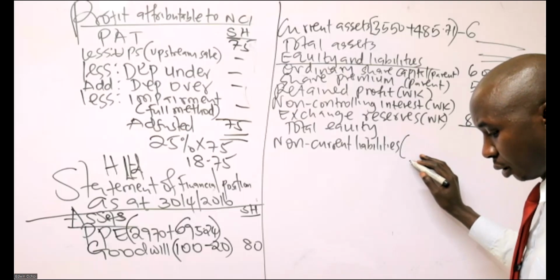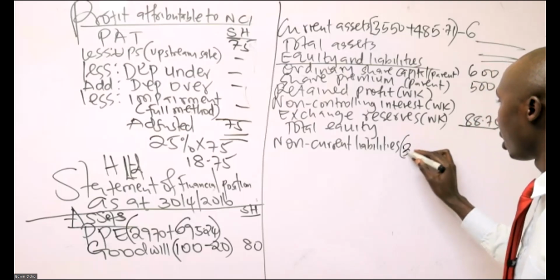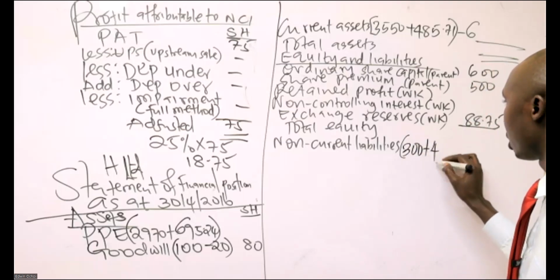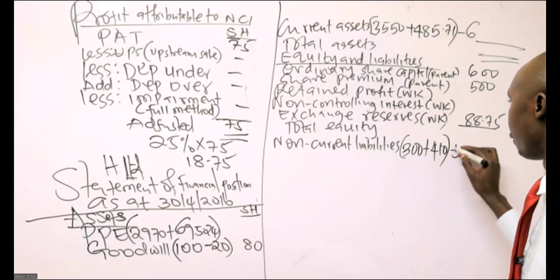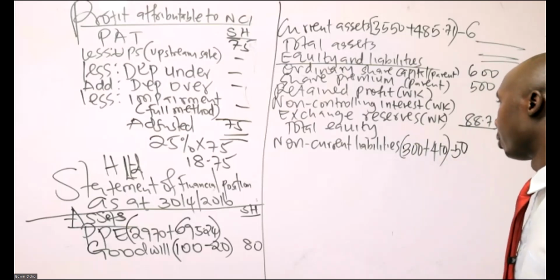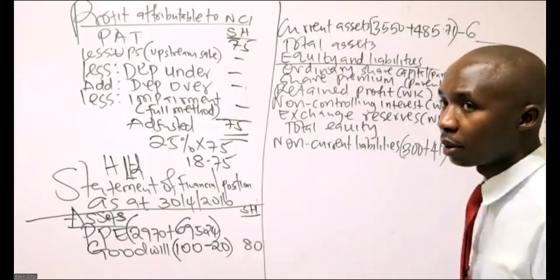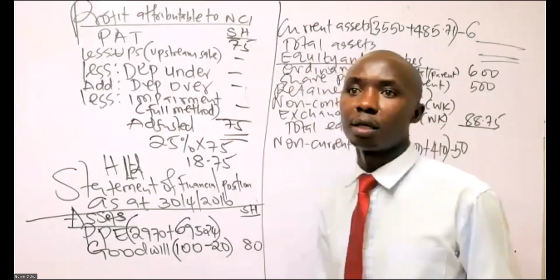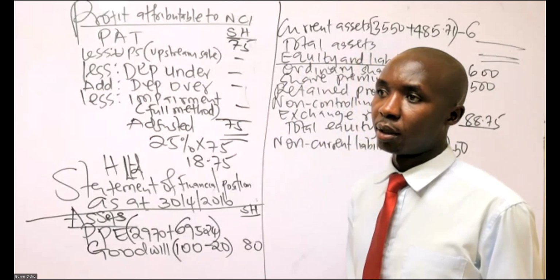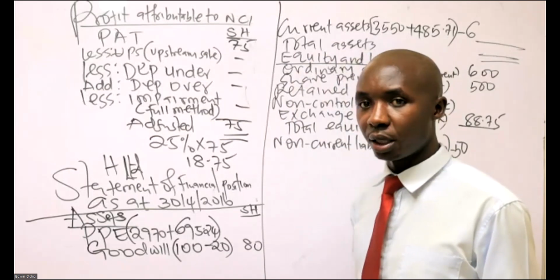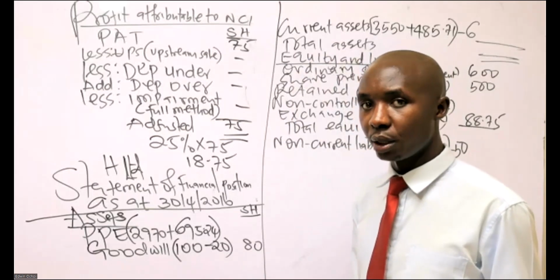In current liabilities we have 300 plus 410, and we minus the 50, the loan, which was included here. You know that they are not supposed to owe each other in the next financial year. But now, since they were specific that where this loan has been included, that is where we deduct it.